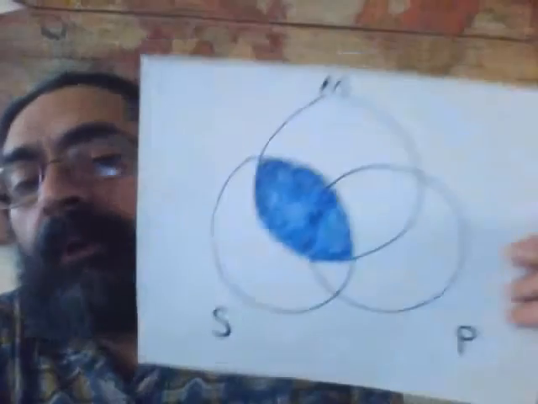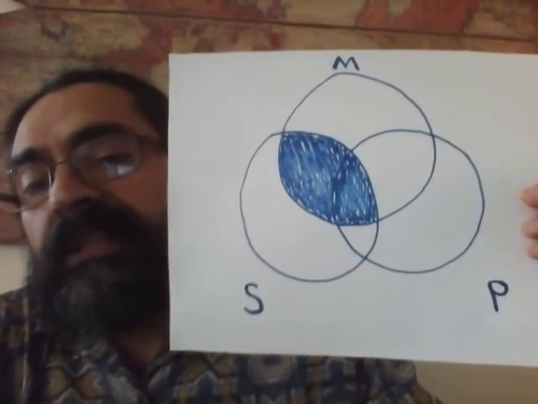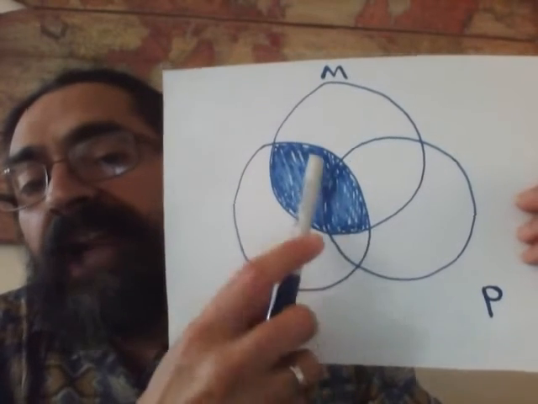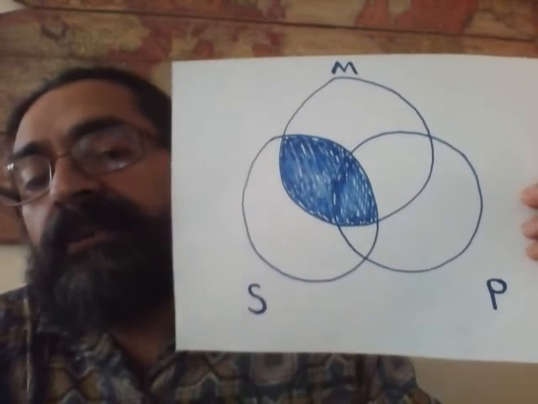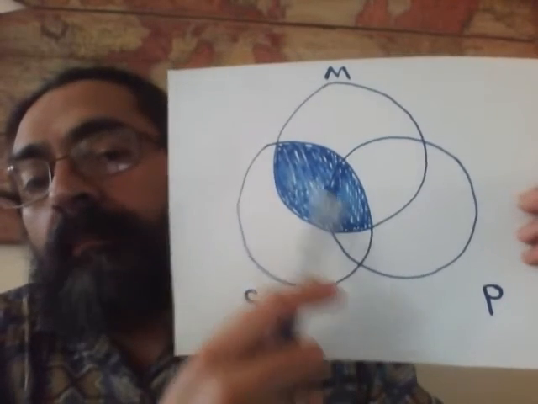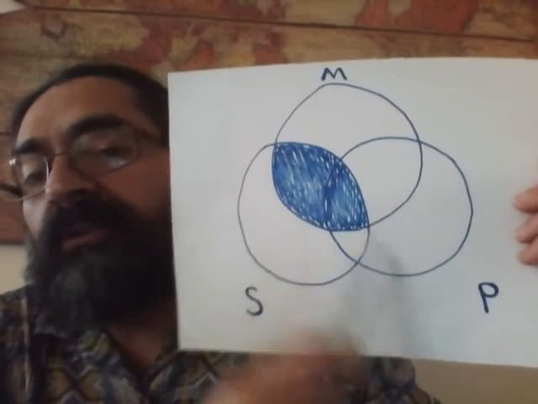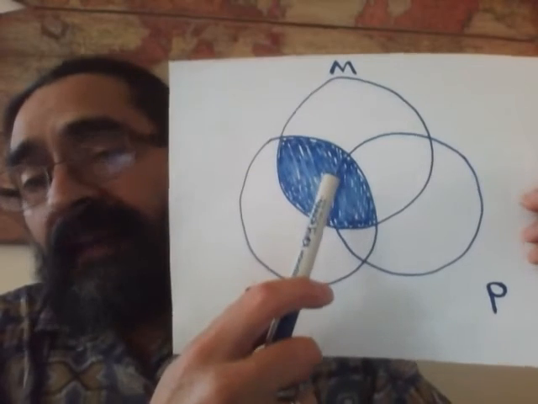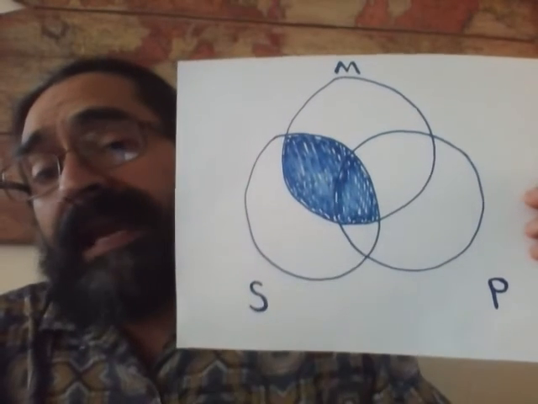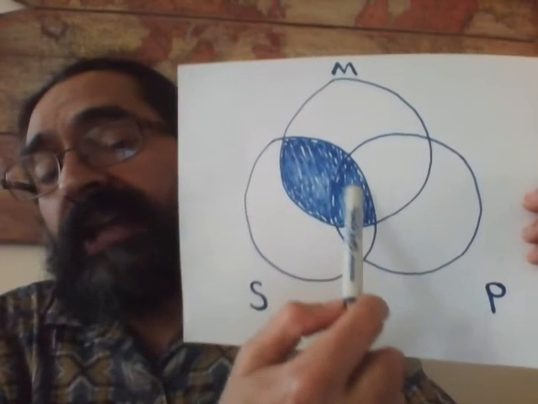All right, one last thing. The reason why you always shade first if you have a particular and a universal statement as premises in a syllogism is that shading blocks off regions. So note, imagine our first premise was no S is M. We would shade, always do the universal premise first if you have a universal and a particular. We would shade no S is M. And then if we were told that some M are P, note, we cannot put it on the arc of the S circle because it's shaded out.